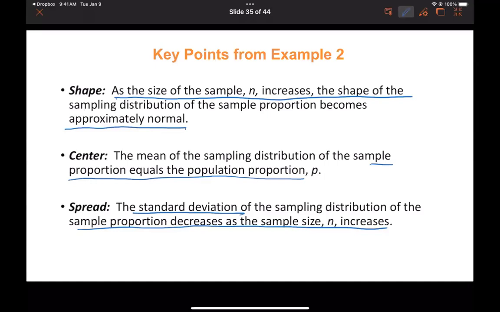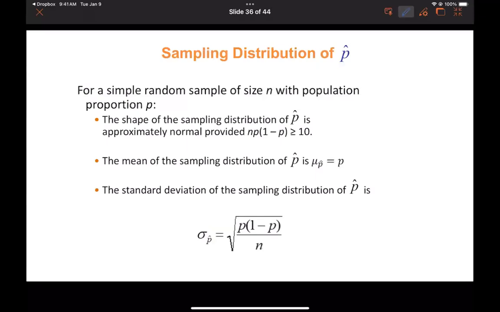All right, moving forward. Just like with our means, we need to have a new standard deviation. But before we get there, we're going to talk about a couple of things that need to happen. Remember I said that as the sample size gets bigger, our distribution becomes approximately normal. We have a little formula to test if our sample size is large enough. This is it right here.